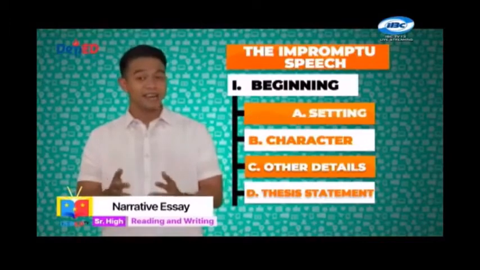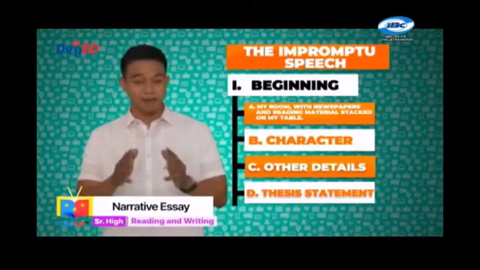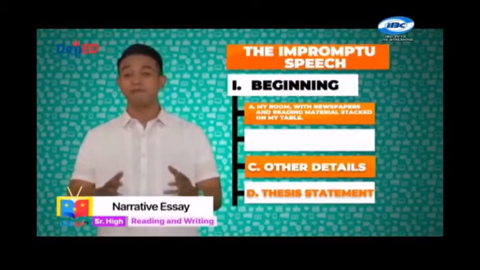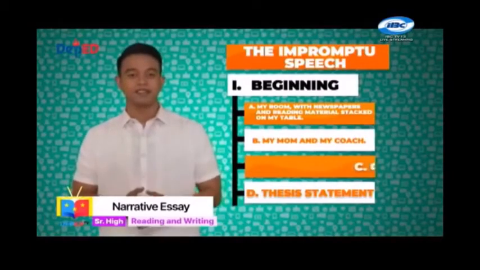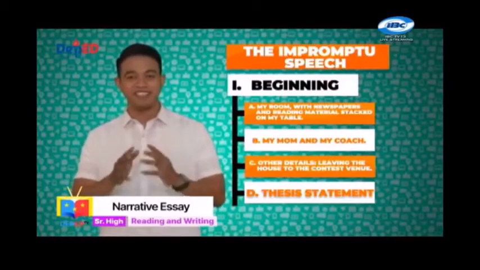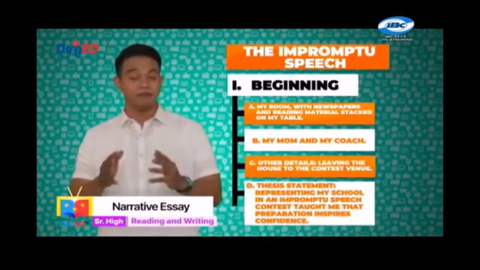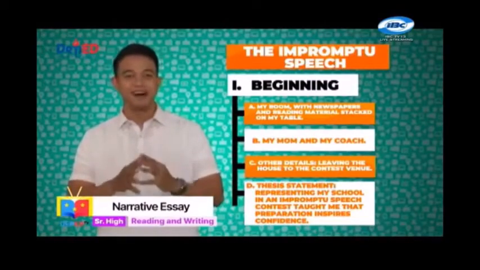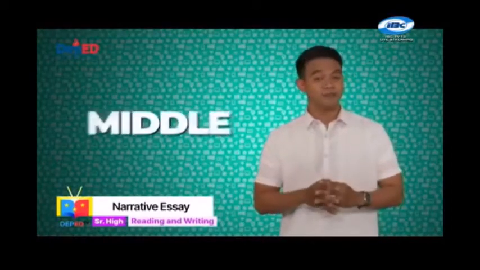For setting, I'll write down my room with newspapers and reading material stacked on my table. For characters, I'll put my mom and my coach. For other details, leaving the house to the contest venue. And for the thesis statement, I'll write, representing my school in an impromptu speech contest taught me that preparation inspires confidence.